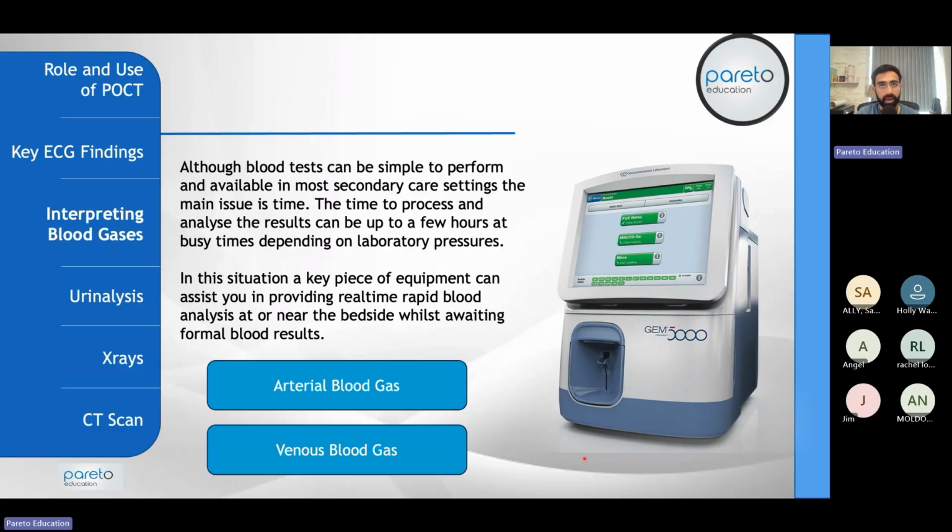So for example, in certain patient groups, a blood gas is very, very useful when it comes to monitoring them, and can be of great assistance in doing so. So the various different components of an arterial or venous blood gas, it's important to understand what they are and what they tell us.